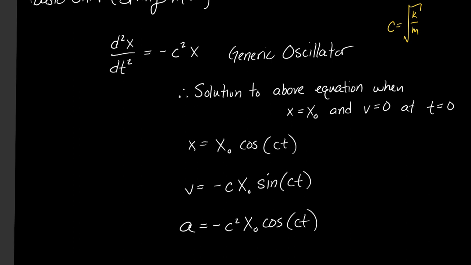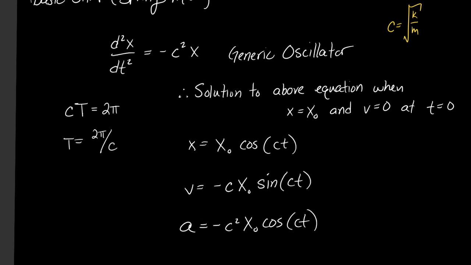So if I set the inside of any of those functions equal to 2 pi, notice I changed from a lowercase t to a capital T because I'm talking about the time it takes for an oscillation. And as you just said, an oscillation is how long it takes to advance by 2 pi. Then that would suggest that the period of any oscillator would be 2 pi divided by that constant, c.